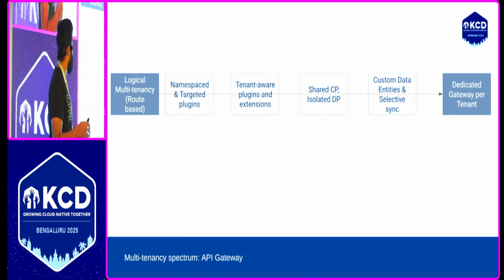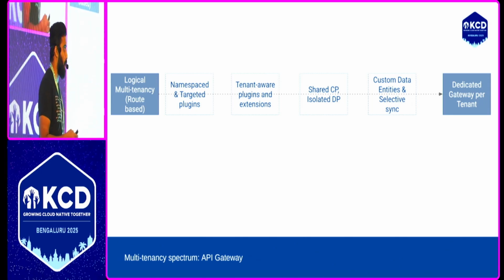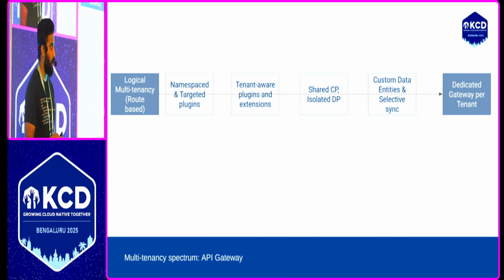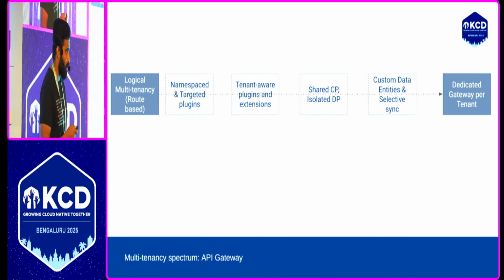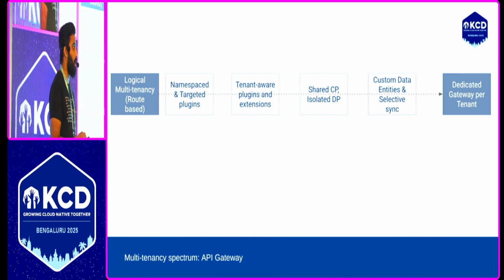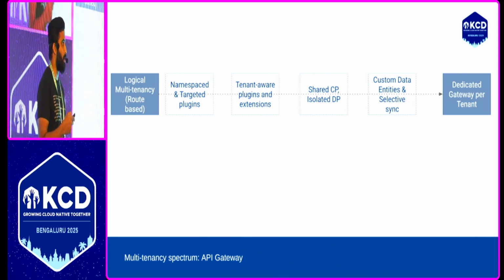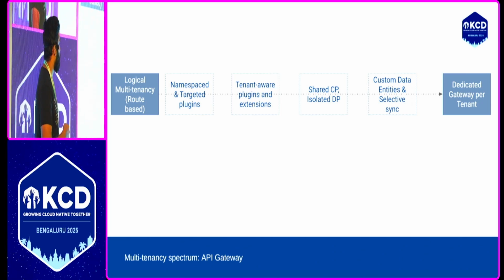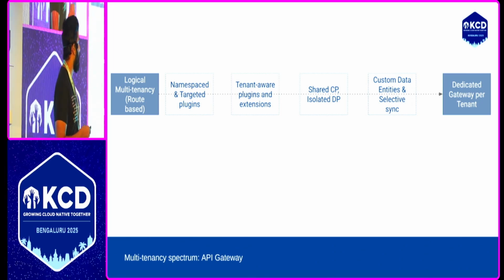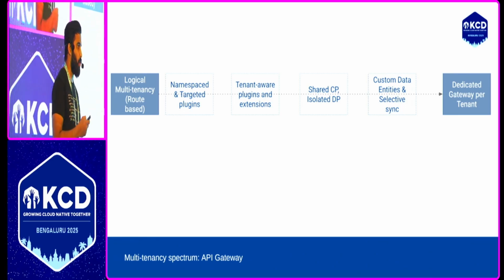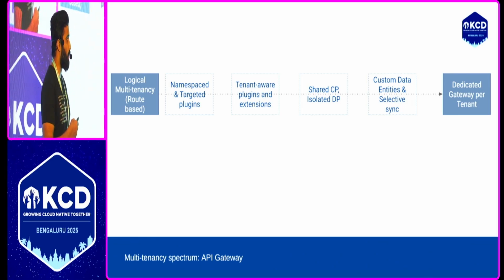As we move on, along with the different routes, you can have specific plugins for the different tenants, thereby maybe having security isolation. You can have different security providers for different tenants, so that they don't have to share the security provider. Moving on, there's more ways of adding tenant-aware extensions. One of the benefits of using an API gateway like Kong is its extensibility.